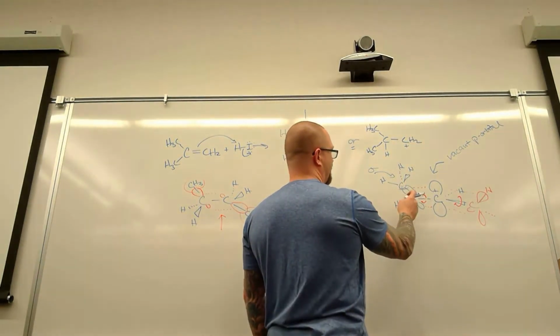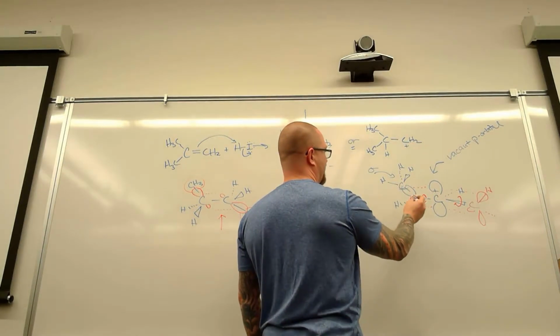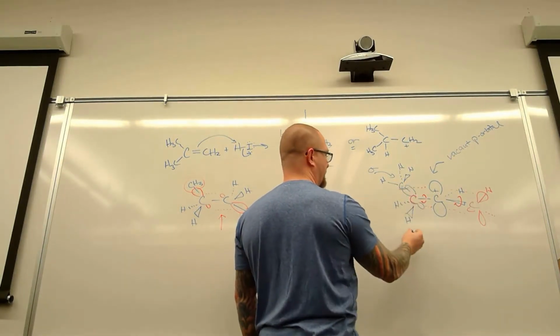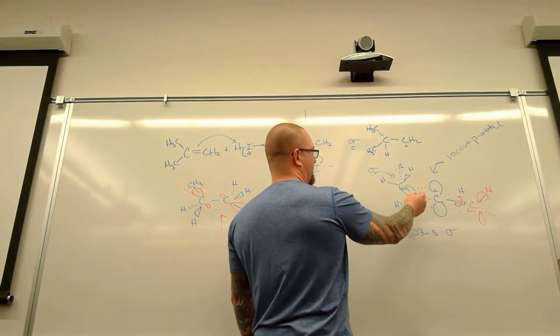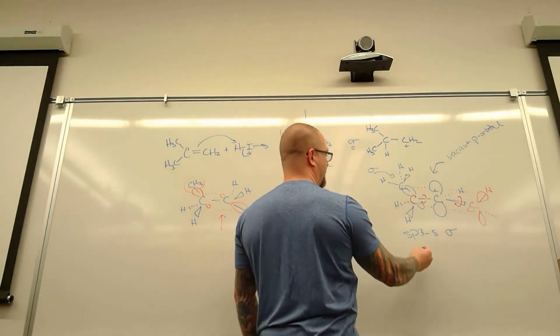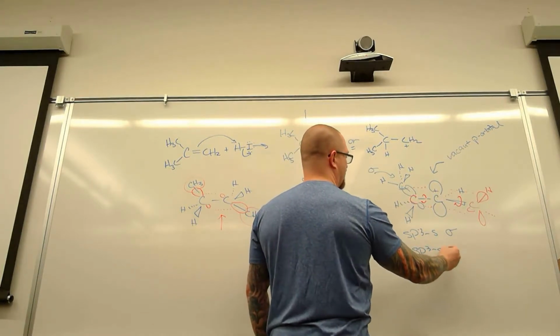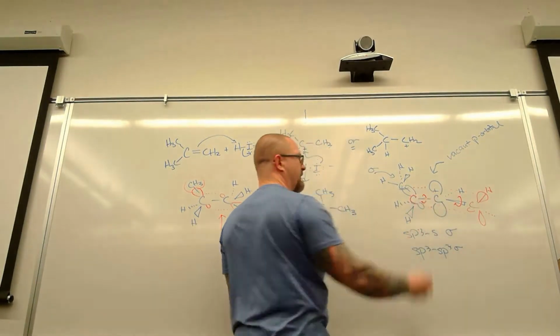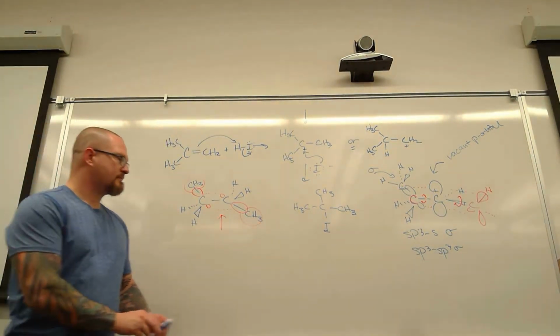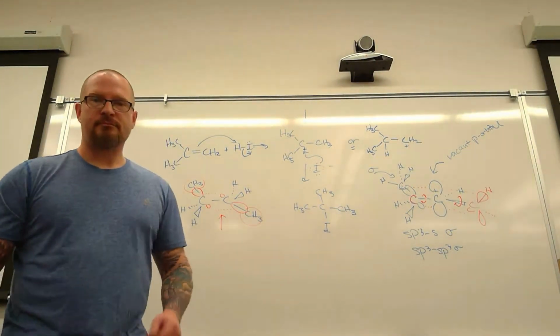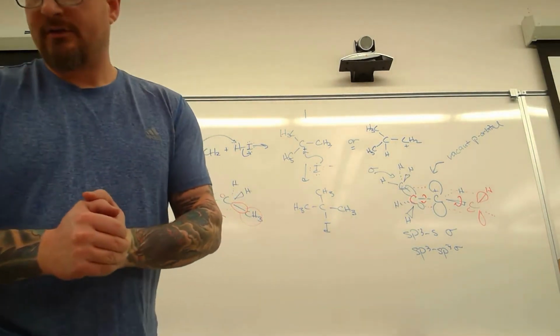So then instead of a carbon to hydrogen, which would be an sp3 to s sigma bond, it would be an sp3 to sp3 sigma bond, but the bond can still share electrons in exactly the same fashion. Okay. No, that's good.